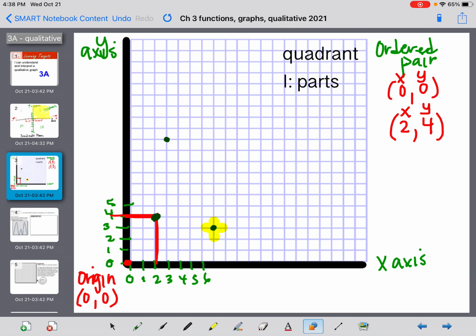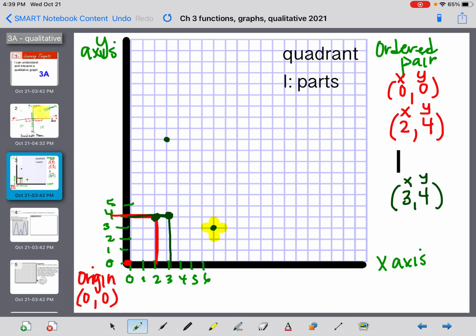All right, so when I'm going to graph an ordered pair, let's graph the point (3, 4). This is where x is 3 and y is 4, so I go to where x is 3, and I follow it up to where y is 4, and I put a point there.